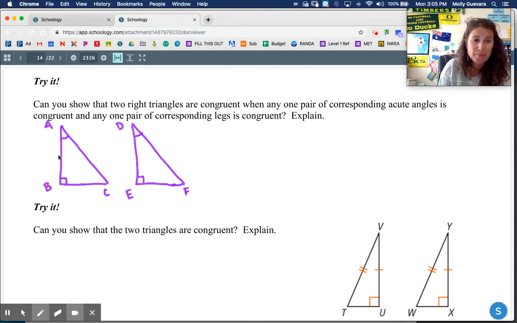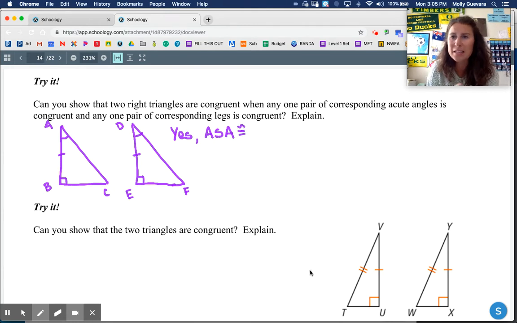So let's say this leg, right? It's a leg. Can I say that these two triangles are congruent? And hopefully we see that it's angle, side, angle, right? So yes, because of angle, side, angle congruency, right? But that's just one example. What if I drew a different one?